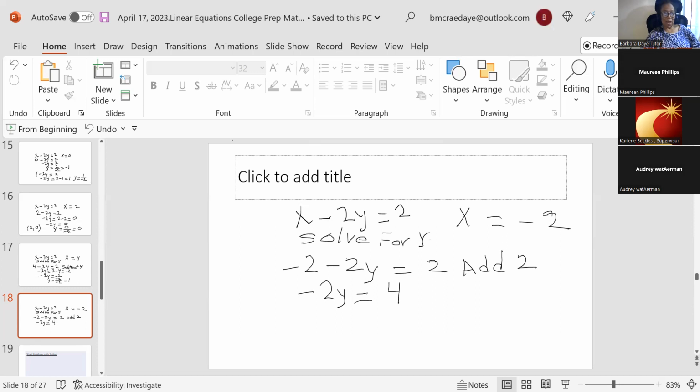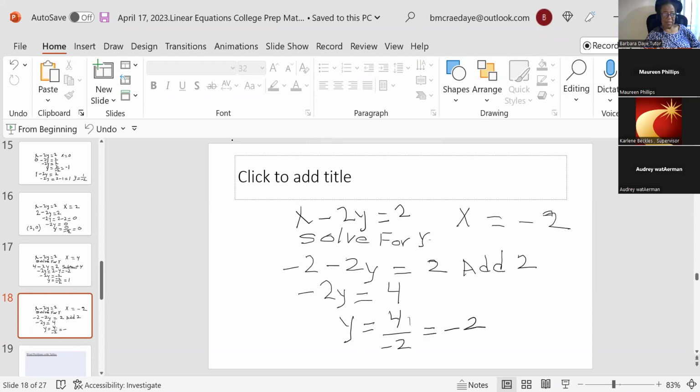What's the answer for y? Okay. Audrey, you got it? What's the answer for y? 2. No. Minus 2. Because you have a plus 4 divided by that coefficient of the y, which is a minus 2. So your answer would be minus 2.